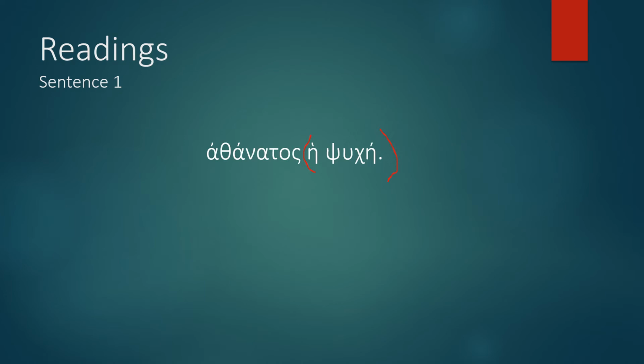So I put this together. Typically, I would put a big S over it for subject. And then what I would do is put a P above athanatos. And this is the predicate. So we would call this a predicate nominative. It's nominative because we are saying that these things are equal. This agrees with our subject in case, gender, number, and we're supplying our verb with this equal sign to be.